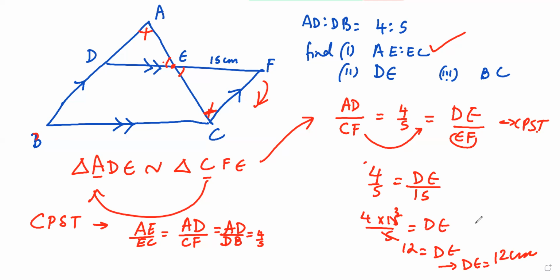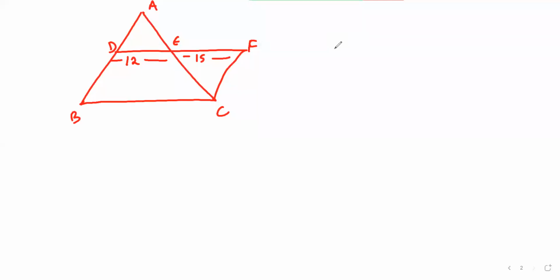Okay. So that's what we have found out. DE will be equal to 12 centimeters. I'll just mark it here also now that we have found this out. So up till here, DE is equal to 12 centimeters.